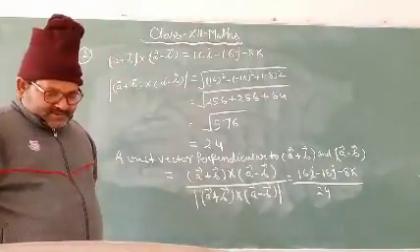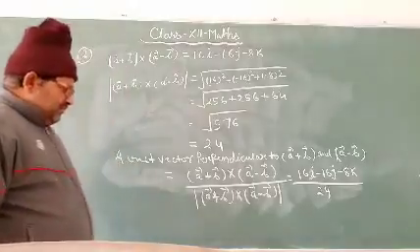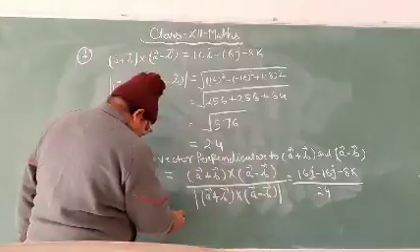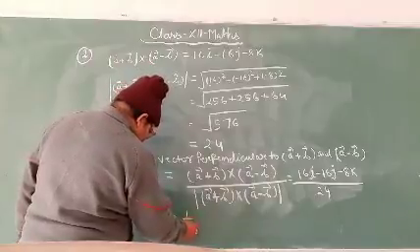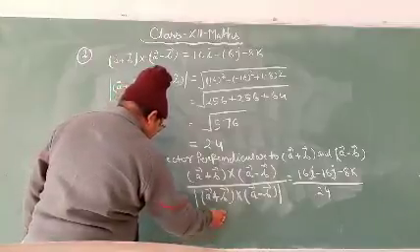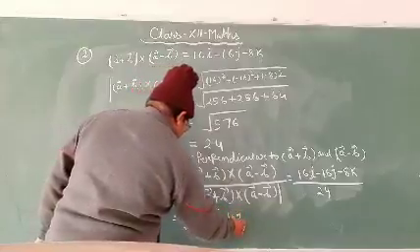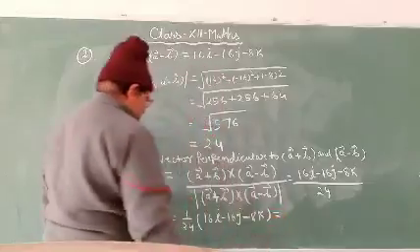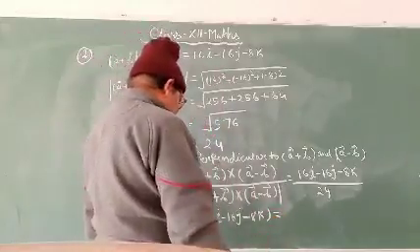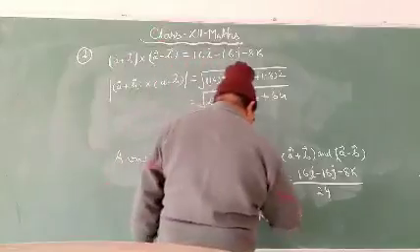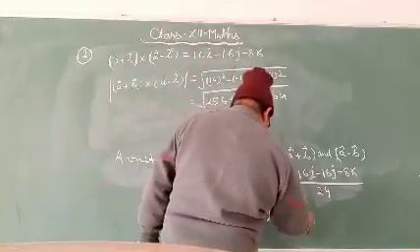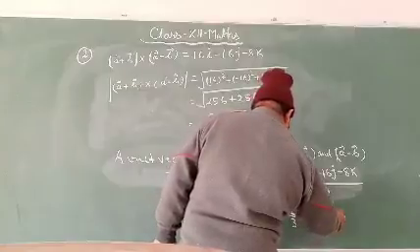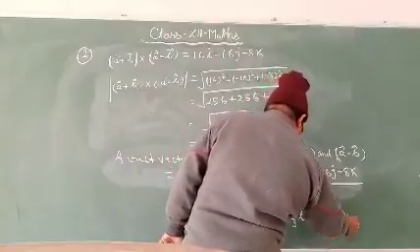Now 1 upon 24 into (16i minus 16j minus 8k) equals 2 by 3 i minus 2 by 3 j minus 1 by 3 k.